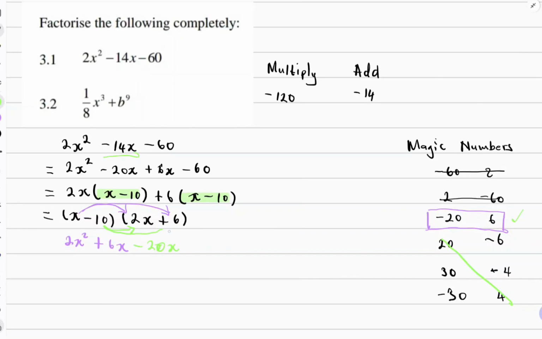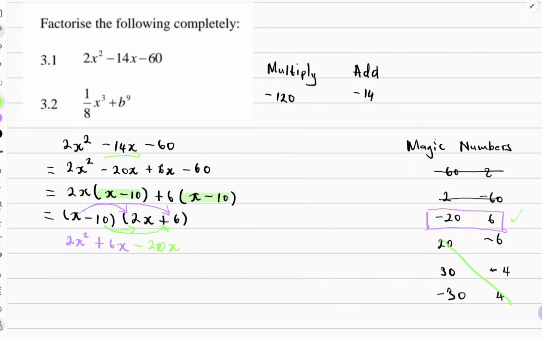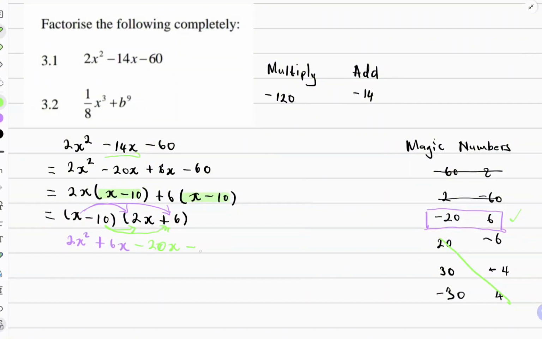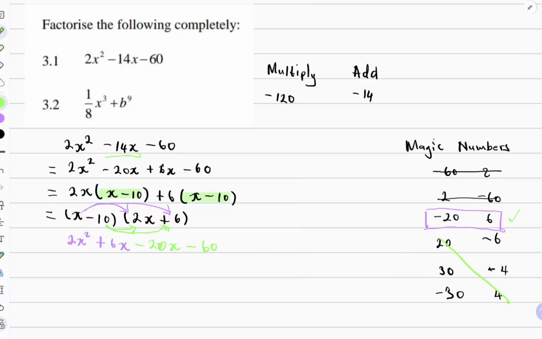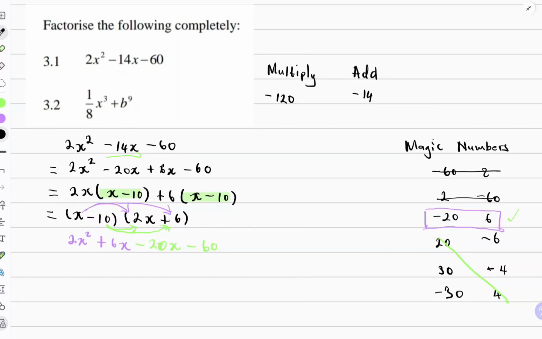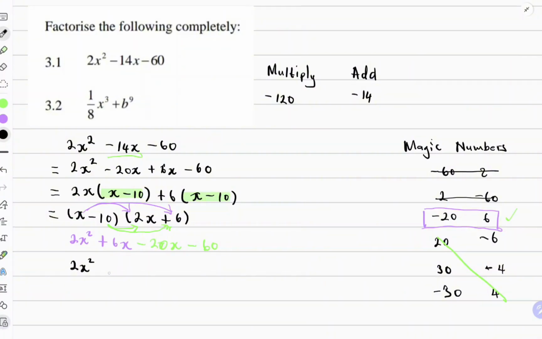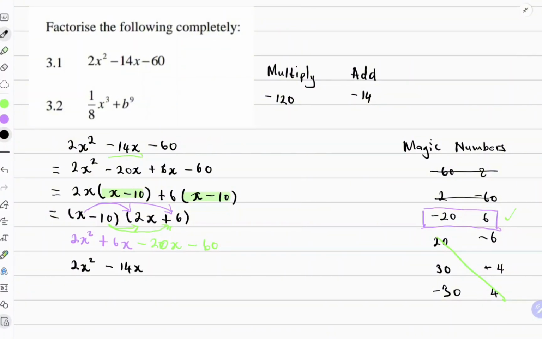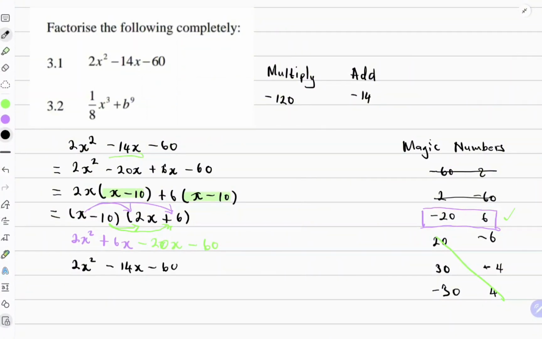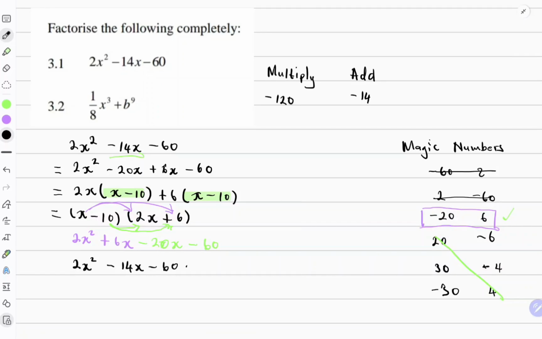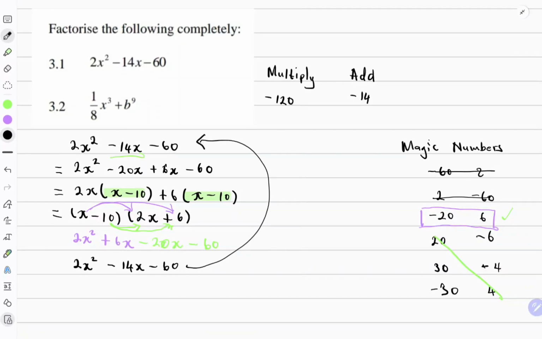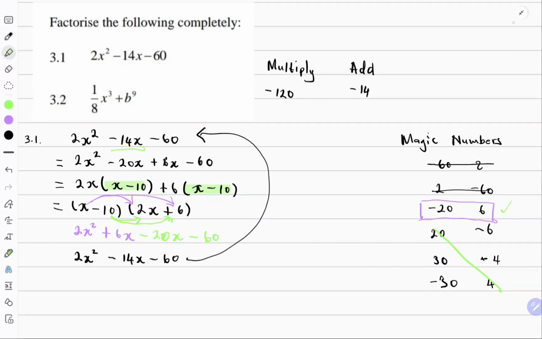And negative 10 times 6 is negative 60. This gives us 2x squared minus 14x minus 60, which brings us back to the original expression.